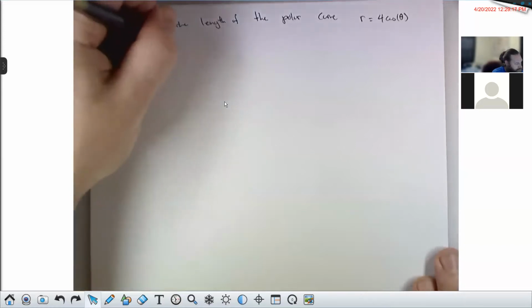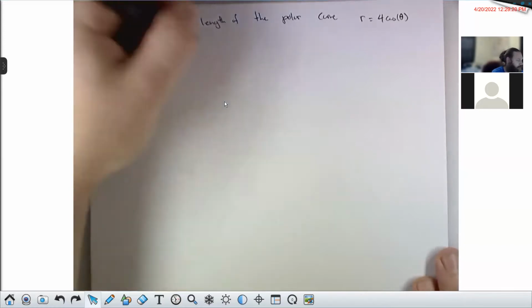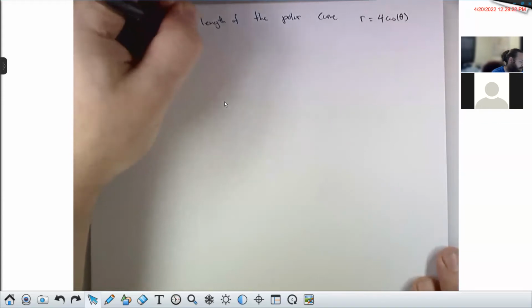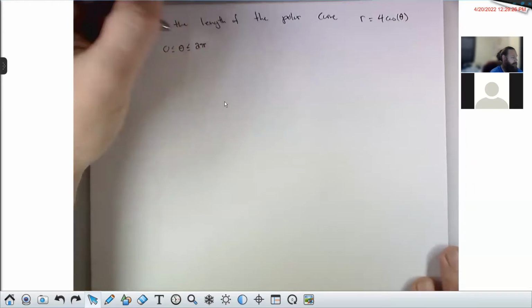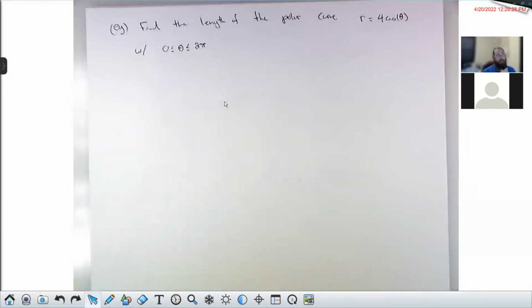Where 0 is less than or equal to theta is less than or equal to 2 pi. So same sort of deal.